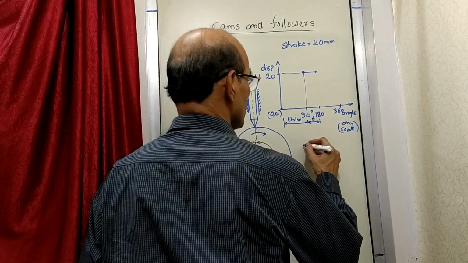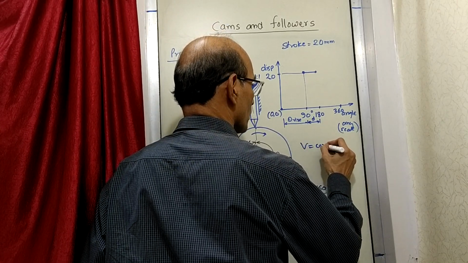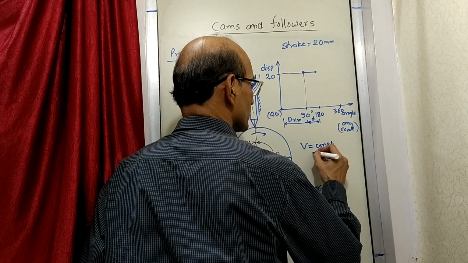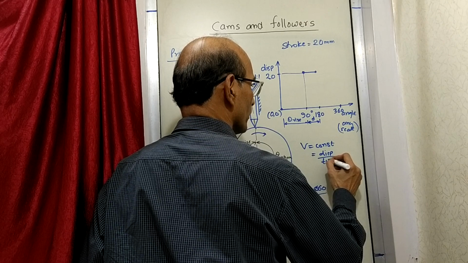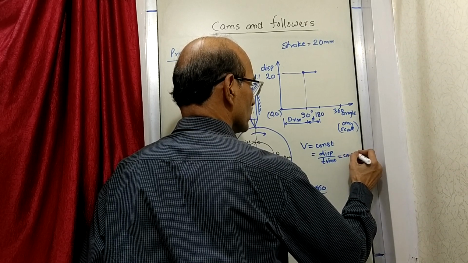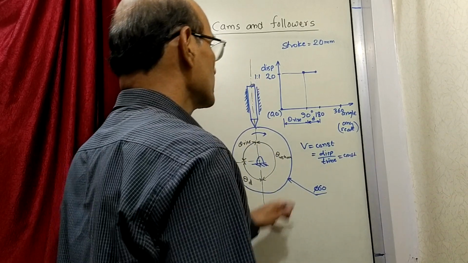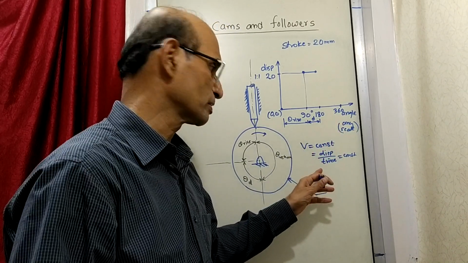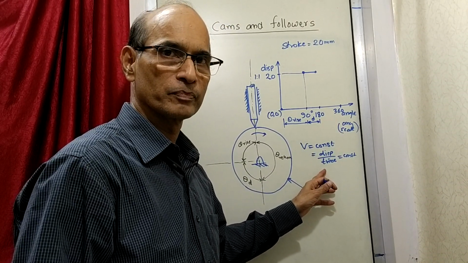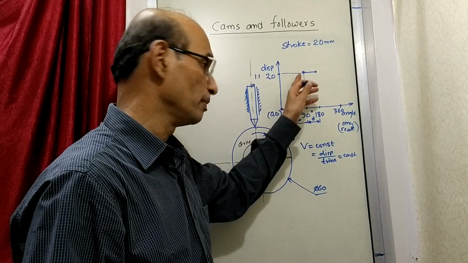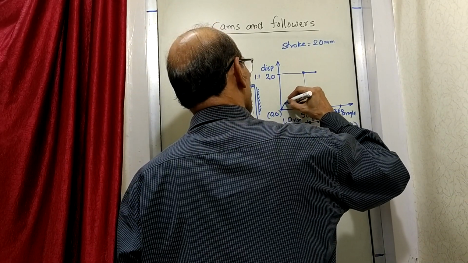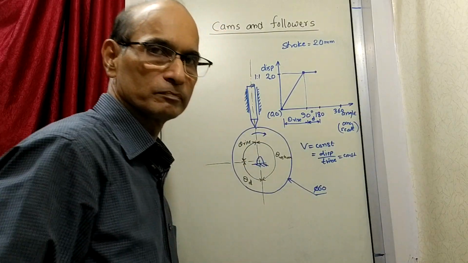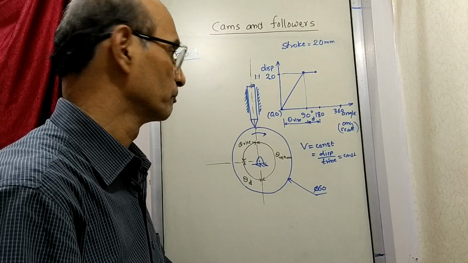So V is constant, that means displacement upon time is constant. So this angle is same as time. Therefore the line will be a straight line. So during this part, the curve will be a straight line.